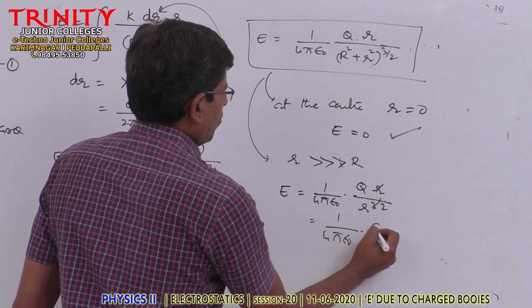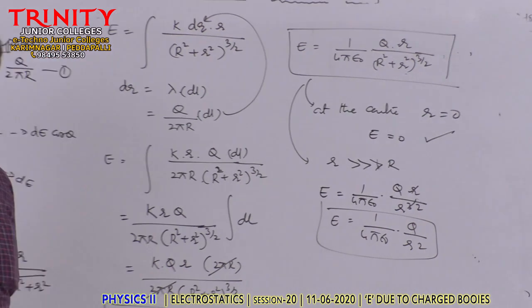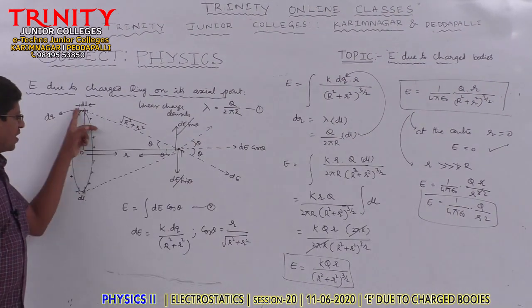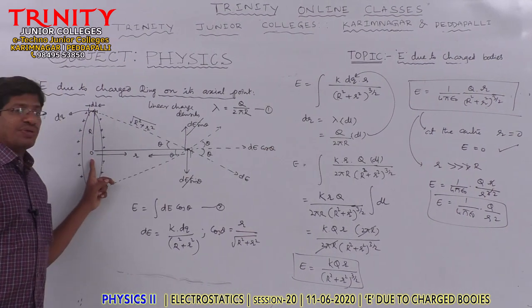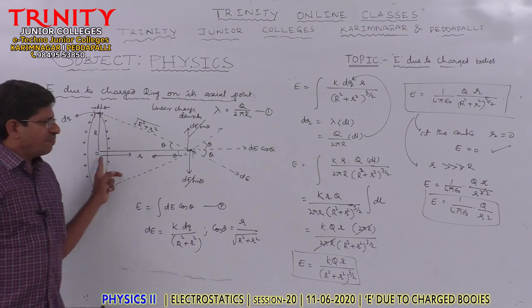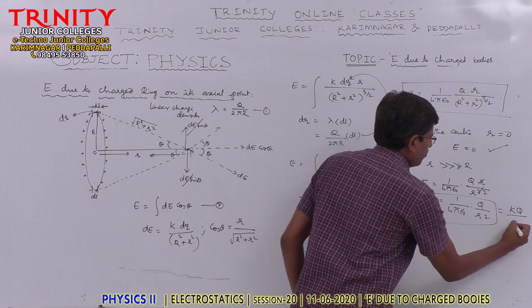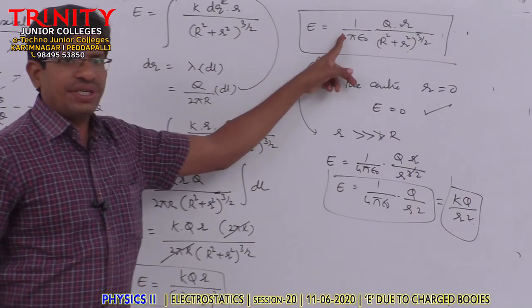So this is also the very result you must expect. Why you must expect is, when the distance is more, this whole charge ring, if you are looking from a long distance, this charge ring should look like a what? A point charge. For a point charge, what already we know is k q by r square. The old result you must get back from this equation.